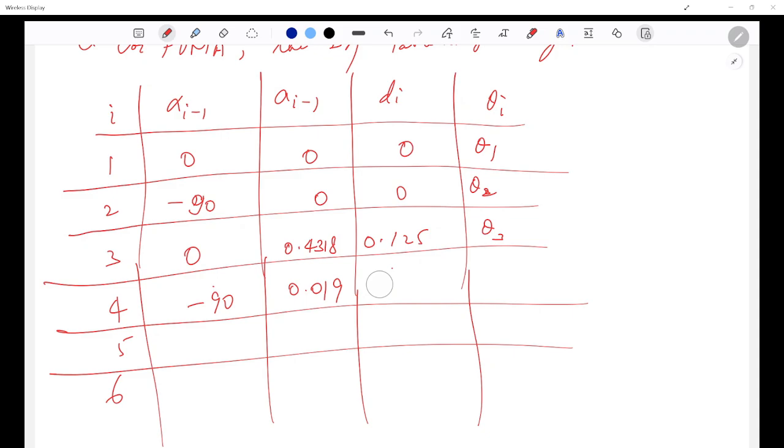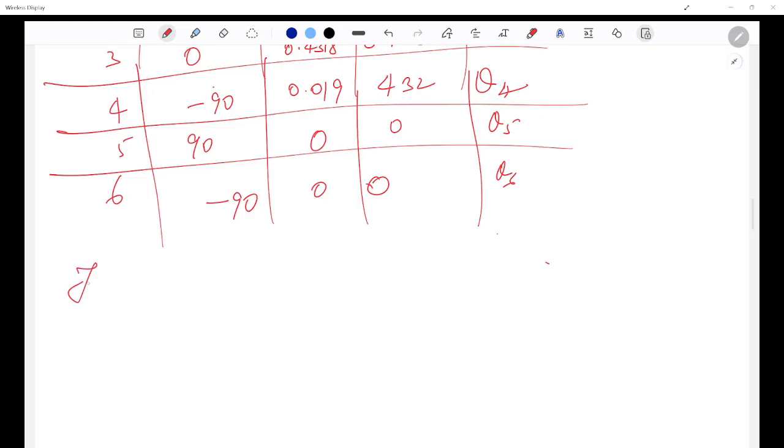Sorry, this is 432 in the question, theta 4. This is again 90, 0, 0, theta 5. This is minus 90, 0, 0, theta 6. Okay. So let's say this is the DH parameter table given to you.